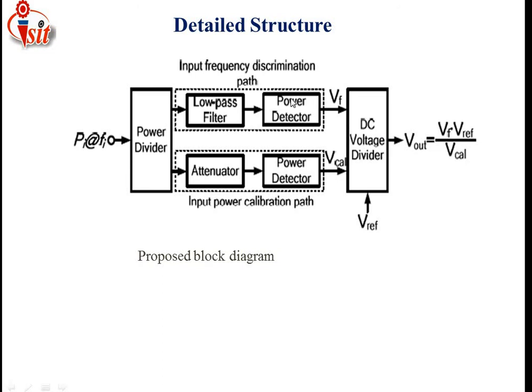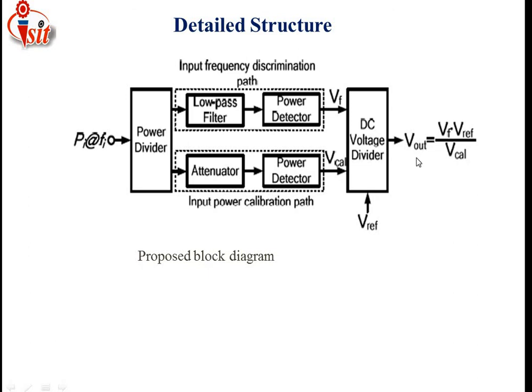The power detector produces a voltage for frequency, that is VF, and the power detector in the calibration path generates Vcal. Then, using the combination of these two input voltages along with the reference voltage, we get the output voltage.